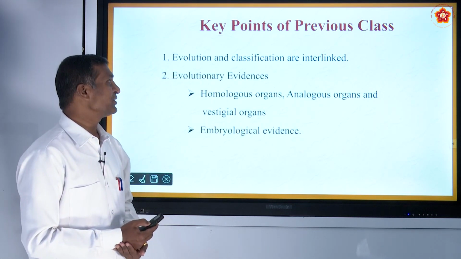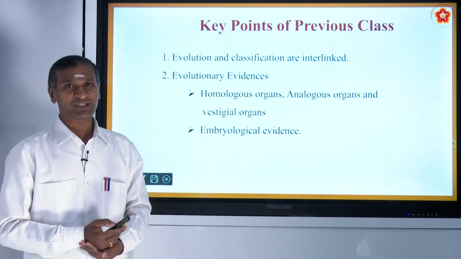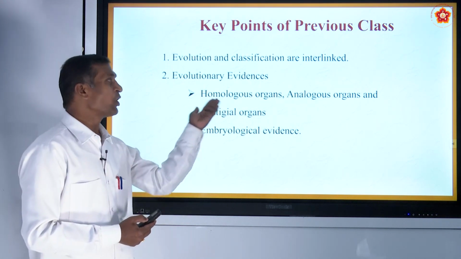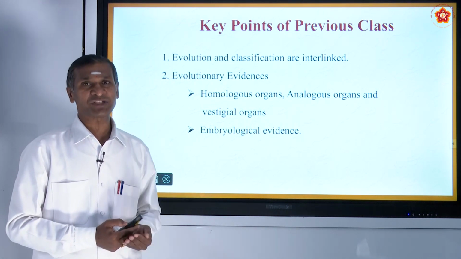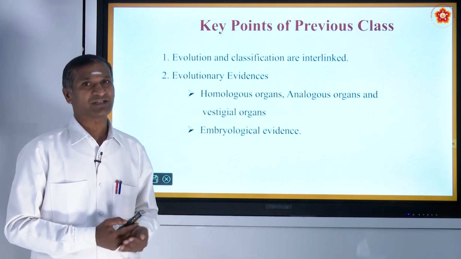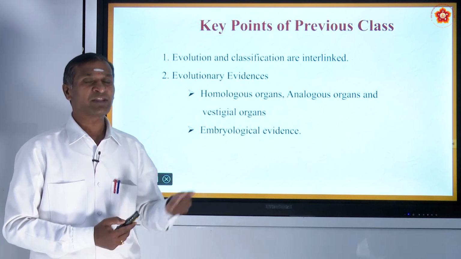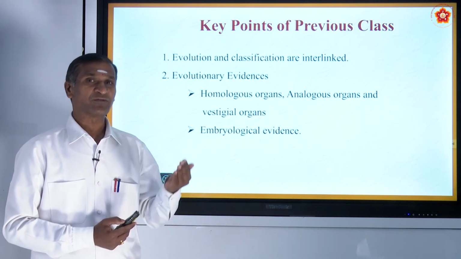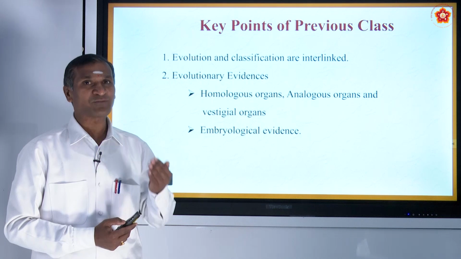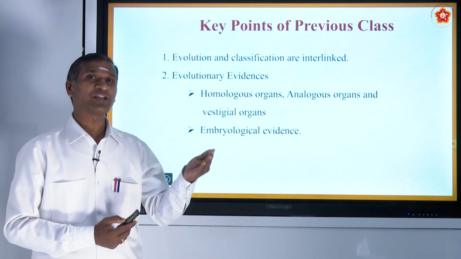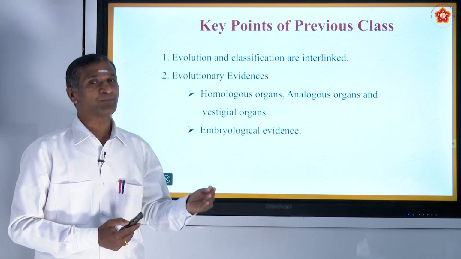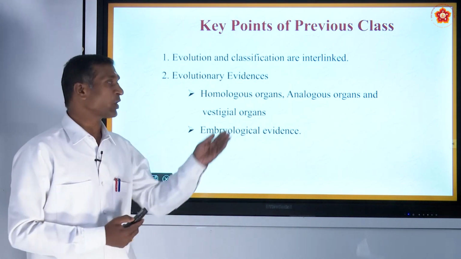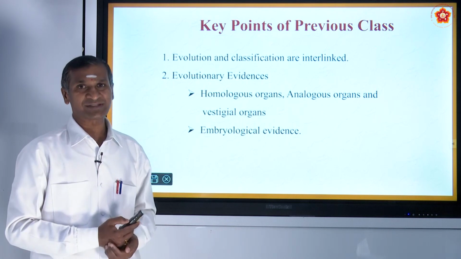Further, we continued the evidences for evolution, such as homologous organs, where the organs have different functions but the same structure and origin. The four limbs of a frog, the hand of a human being, the limbs of a lizard. Their structure is the same but the function varies. Such organs are homologous organs.